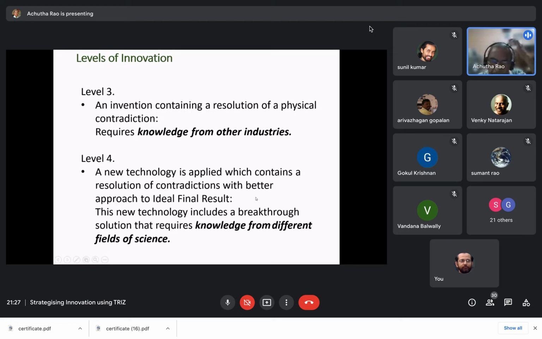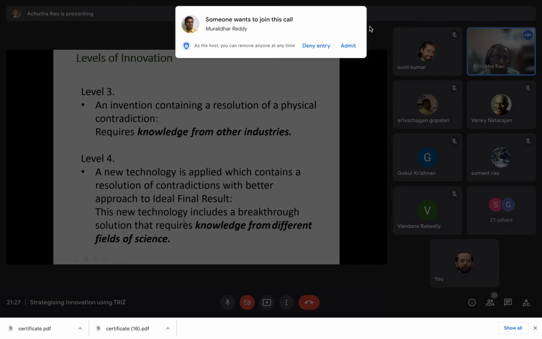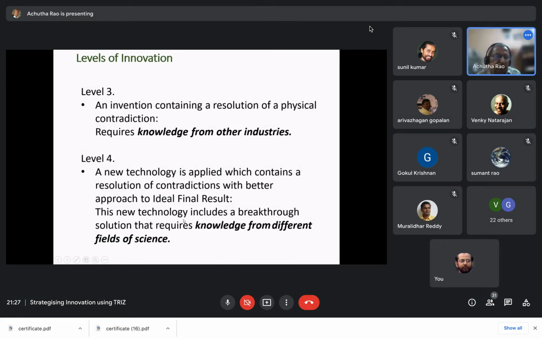So he created another concept called ideal final result. That means think of an ideality solution. We'll briefly deal with this, okay? This new technology includes a breakthrough solution that requires knowledge from different fields of science altogether. So knowledge and level of innovation have a direct relationship, which you must recognize.